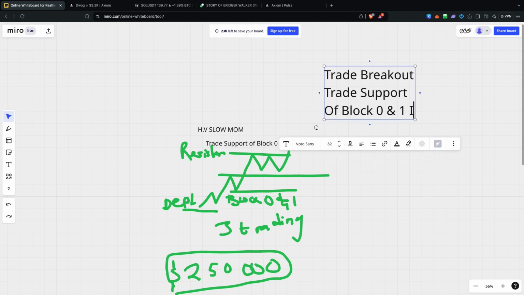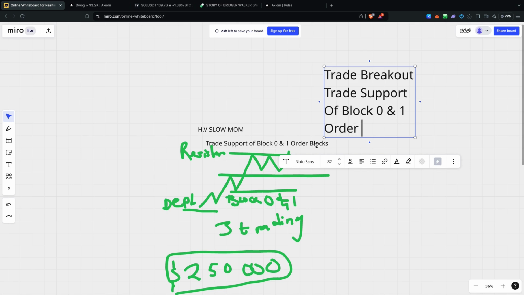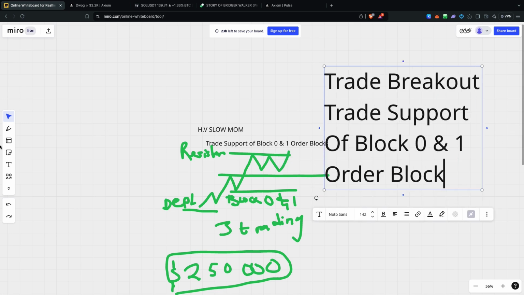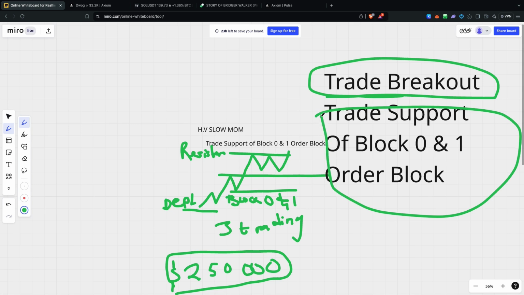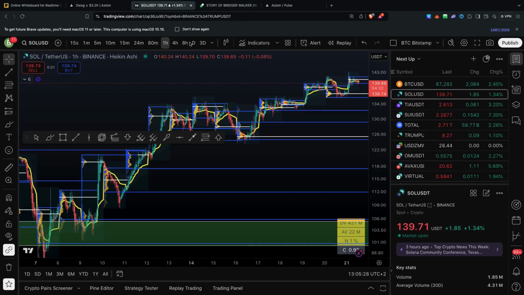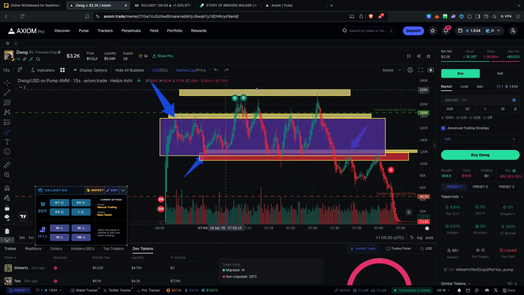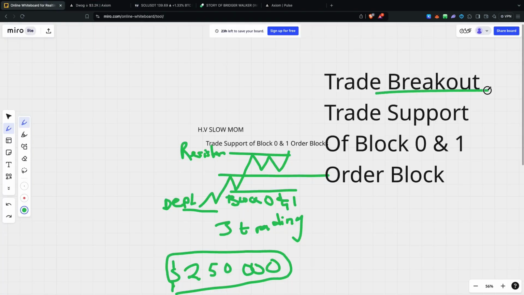The whole purpose of me backtesting this method was to find out which of these two methods is the strongest, which one is going to give you the highest odds of winning. Should you trade the breakout, or should you trade the support? The reason why I lost on this particular trade is that I was using the first strategy, which is trading the breakout.